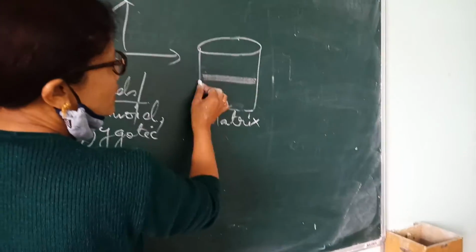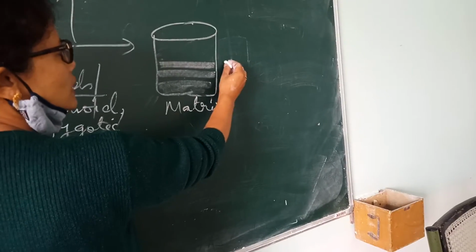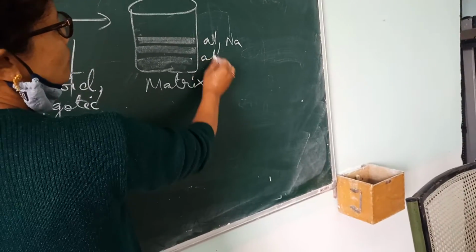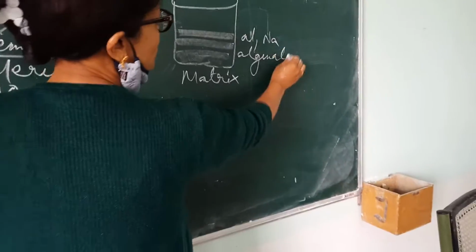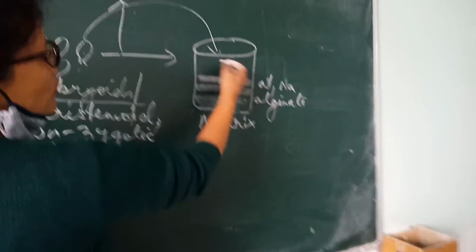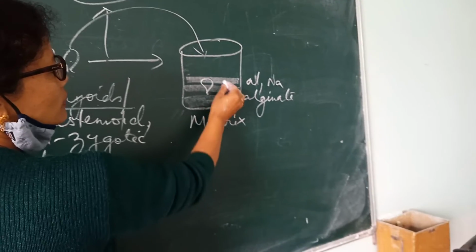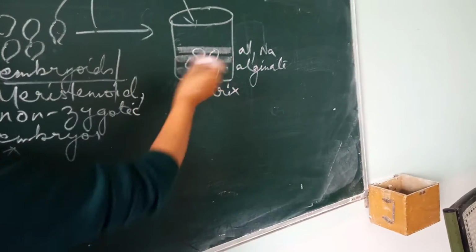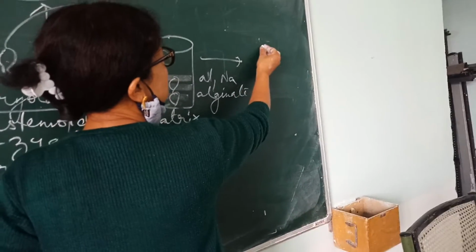This matrix is mainly an alginate or sodium alginate matrix. Then I take these embryos and put them inside this matrix. After some time I take them out.